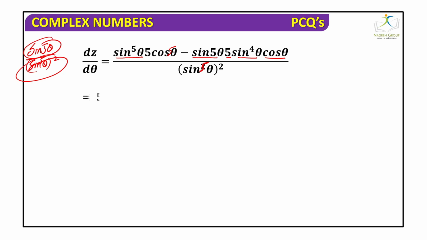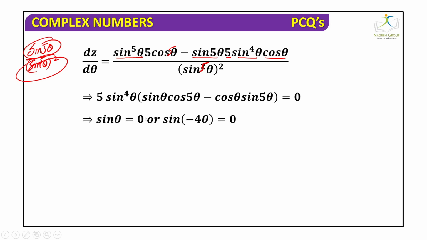Now from here we find, we are taking common 5 sine to the power 4, taking this common, then one power remains from here, sine theta, then cos 5 theta minus cos theta, then sine 5 theta, which is equal to 0. So the complete denominator becomes 0. Now this value has a formula, which is equal to sine of minus 4 theta, right? And here we are saying the product of 2 equal to 0, which means either this equal to 0 or this equal to 0.